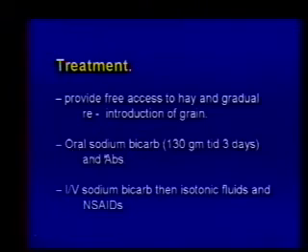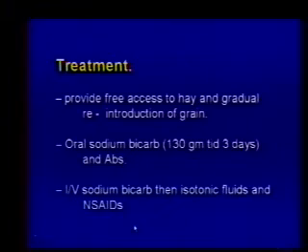We can treat with an oral sodium bicarb, about 130 grams 3 times a day orally, or in severe cases intravenous sodium bicarbonate, then with an isotonic fluid with non-steroidal anti-inflammatory agents. So there's an intravenous sodium bicarb, isotonic fluid, and non-steroidal anti-inflammatory agents. This is an emergency treatment.